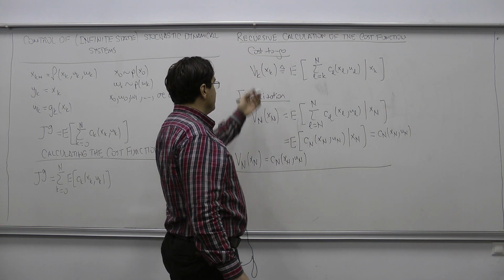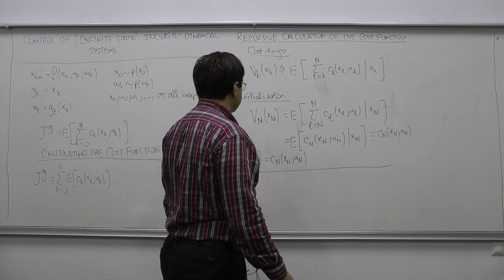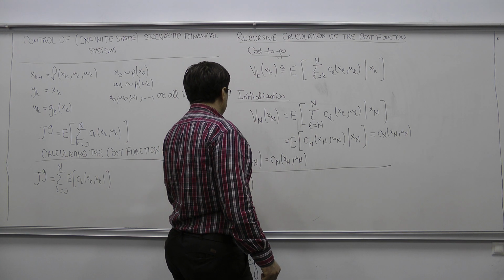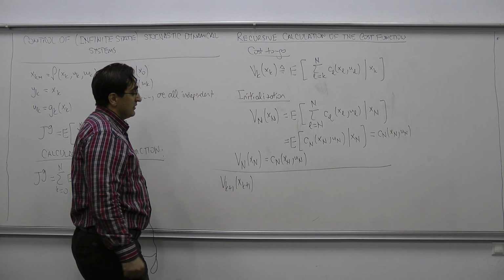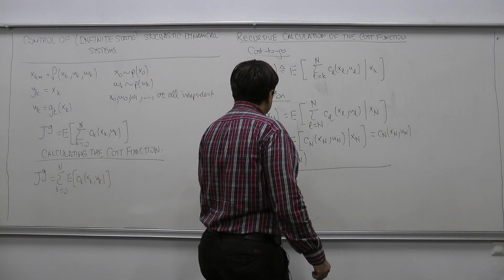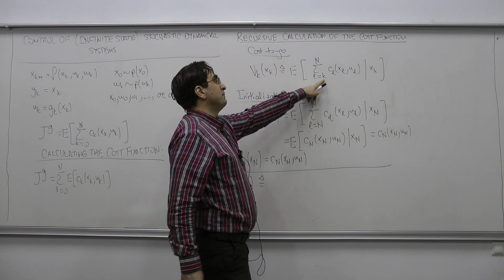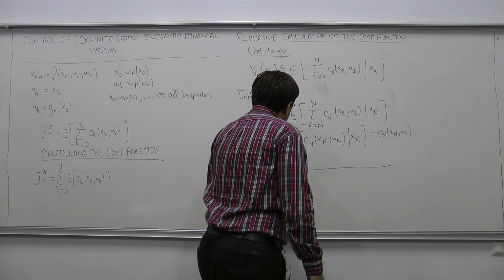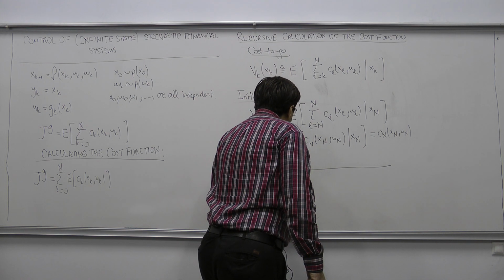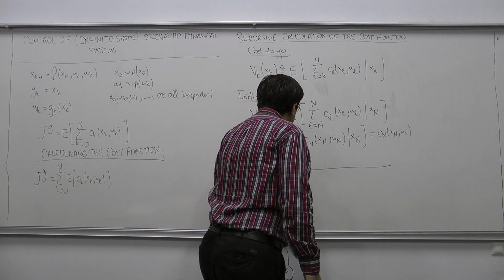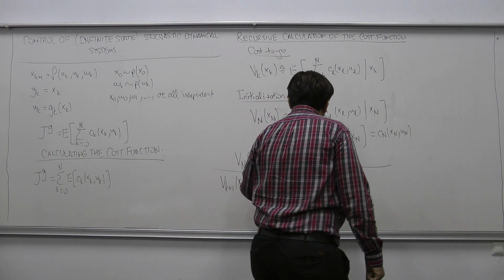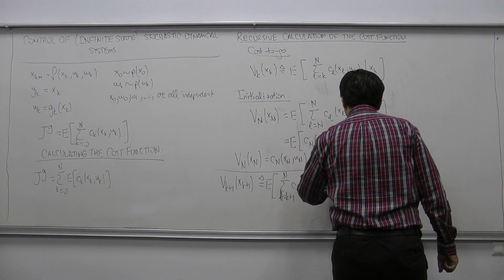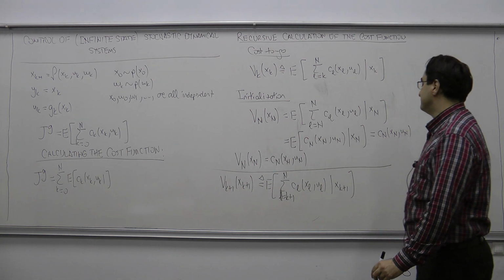For that, I need to define what Vk plus 1 of xk plus 1 is. So this is the cost to go function at time k plus 1, given by this definition by replacing these k's with k plus 1. Okay? So this is the expected value, L from k plus 1 to n, CL XL UL given xk plus 1 now. Okay?